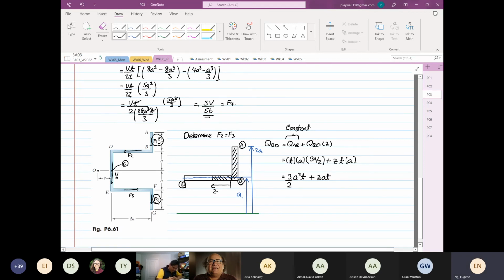So I can take out the term AT, and then this will be equal to 3 over 2 A, or 3A over 2, plus Z.